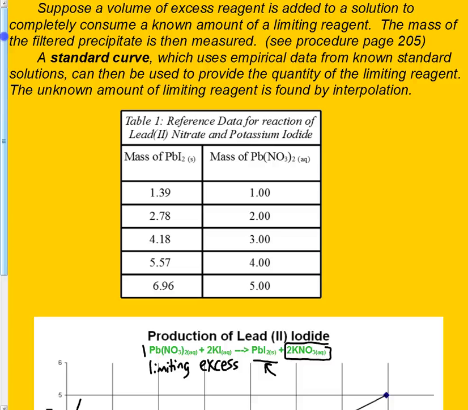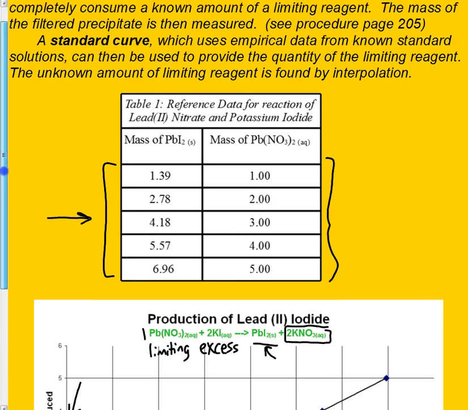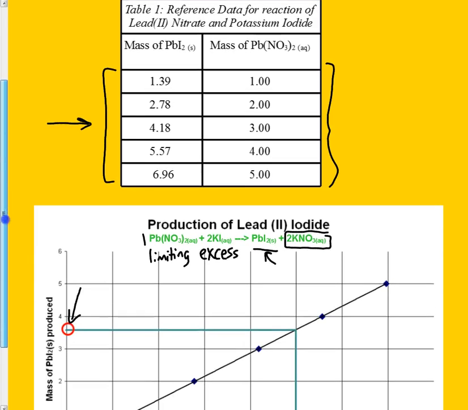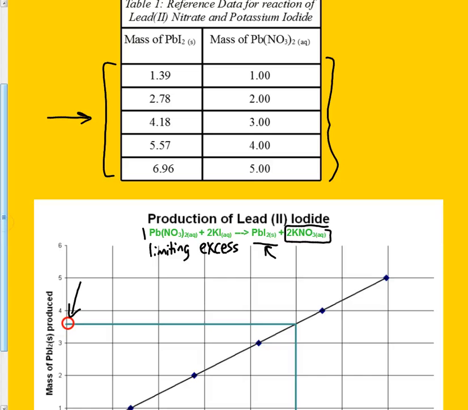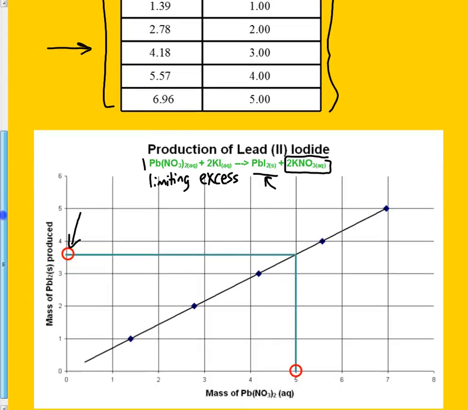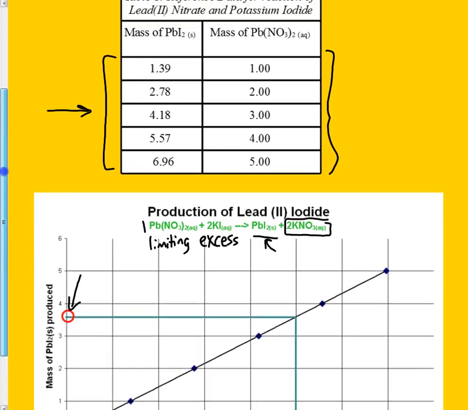You would prepare this reference data where you knew the mass of lead 2 nitrate to begin with, using values ranging from 1 to 5, and you carry out experiments where you measure the mass of precipitate that is obtained as a result. Then you have all of these relationships which you can graph. You can prepare a standard curve where you're plotting how much lead 2 iodide is produced for a given amount of lead 2 nitrate.